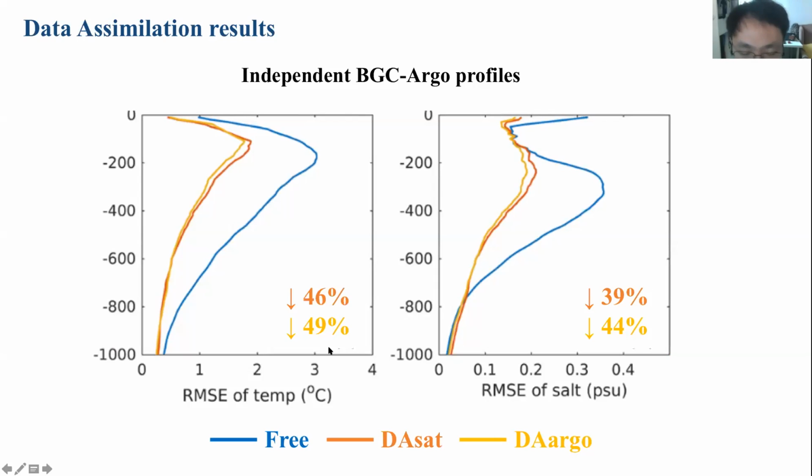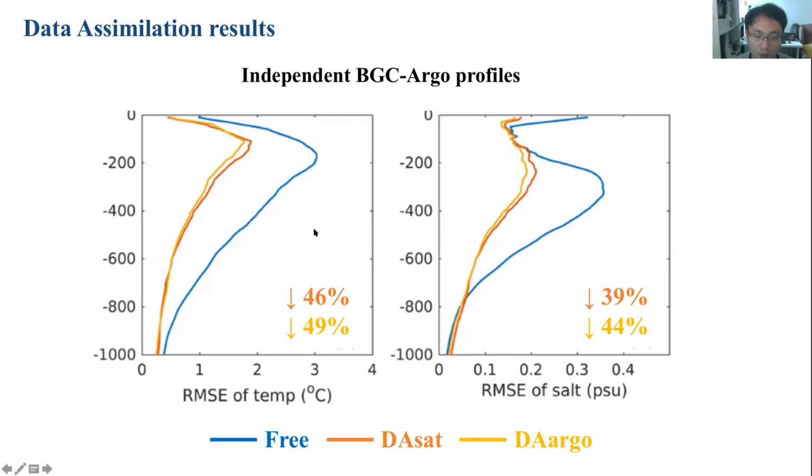The improvement by the data assimilation was not limited to the surface layer, but also extends to the subsurface and even deep waters. Here, we show the vertical profiles of root mean square errors for temperature and salinity with respect to the independent BGC ARGO profiles.